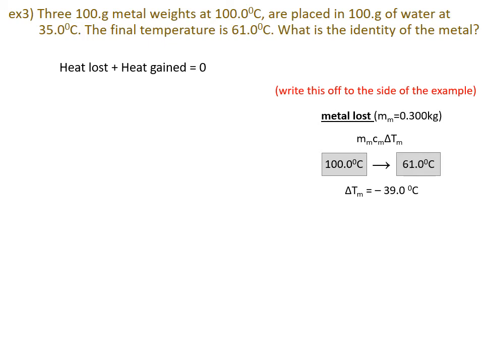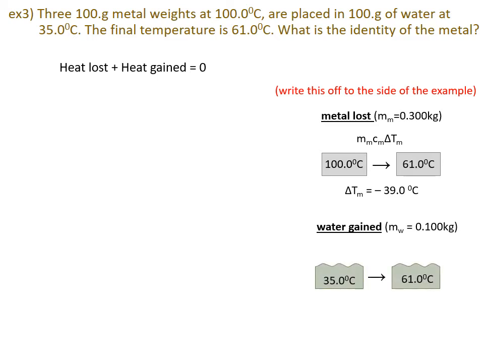Who gained heat? Well, it was the water. So the water has a mass of 0.100 kilograms, and it started at 35 degrees Celsius and warmed up to 61.0 degrees Celsius. That, again, is just a change in temperature, so Q equals mc delta T, and the temperature increased in the water by 26.0 degrees Celsius.